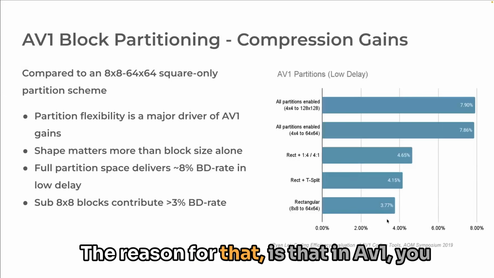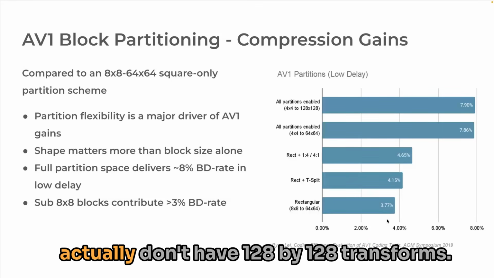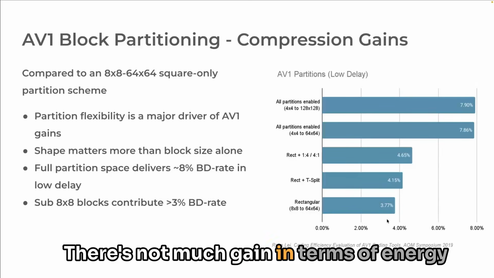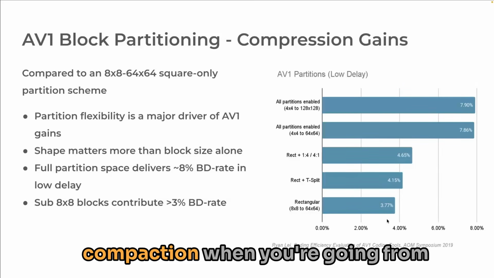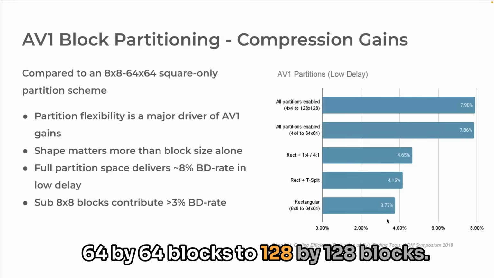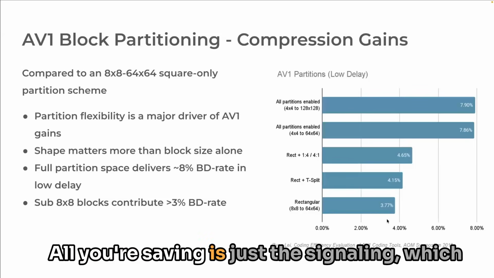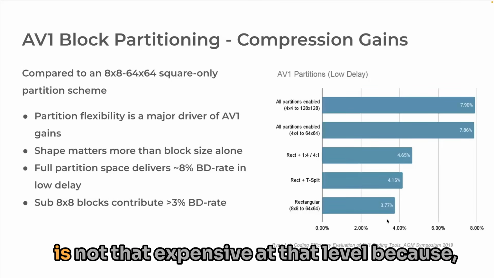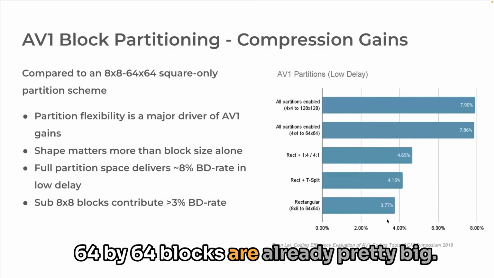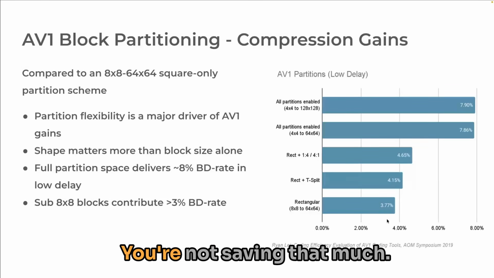The reason for that is that in AV1, you actually don't have 128 by 128 transforms. There's not much gain in terms of energy compaction when you're going from 64 by 64 blocks to 128 by 128 blocks. All you're saving is just the signaling, which is not that expensive at that level because 64 by 64 blocks are already pretty big. You're not saving that much.